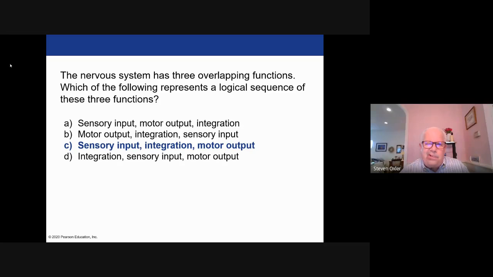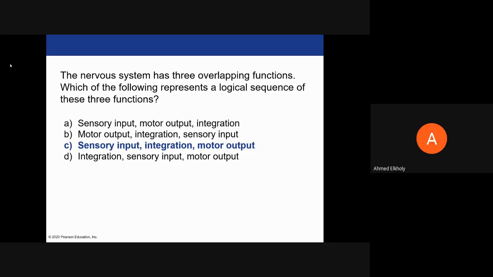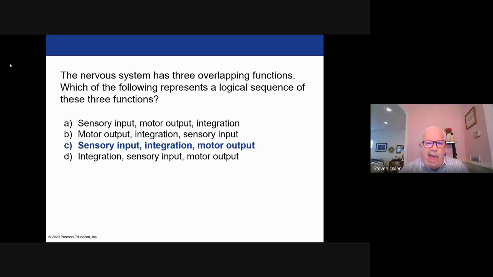In other words, what is the difference between afferent fibers and efferent fibers? Afferent goes towards the CNS because it's sensory. Then it is integrated and it comes out as a response, and the response is a motor response, and that is an efferent. All right, so know the difference between afferent and efferent.